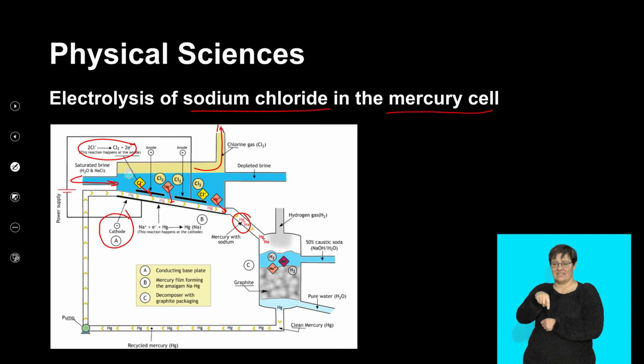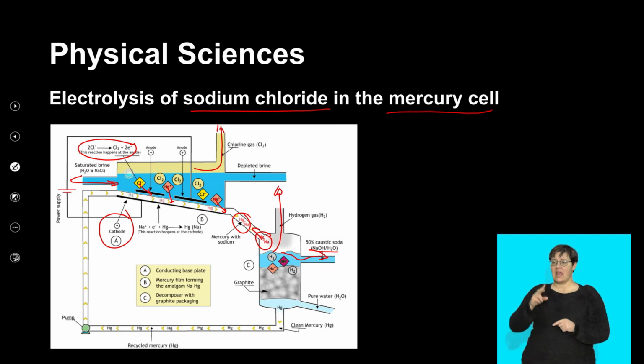and in a separate tank, the sodium and mercury are washed with water. The sodium immediately starts to react and produces hydrogen gas, and what's left over is the water that produces sodium hydroxide and mercury.